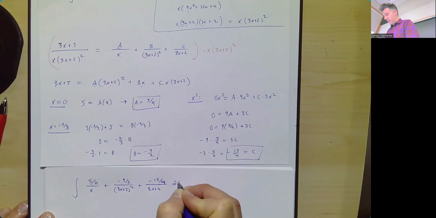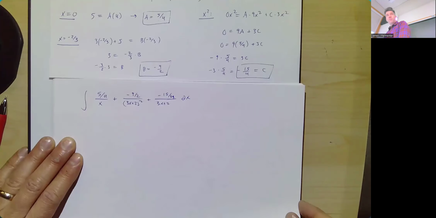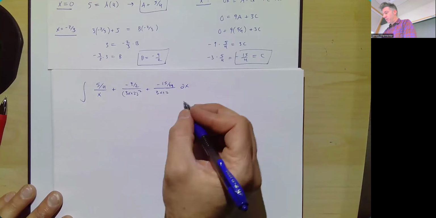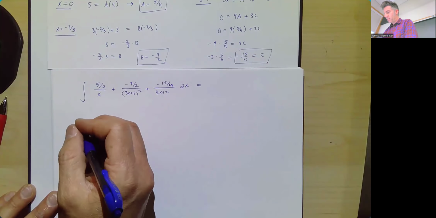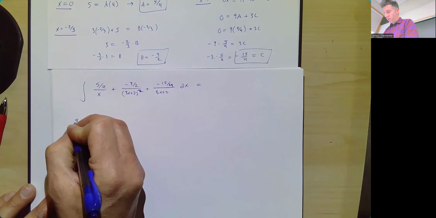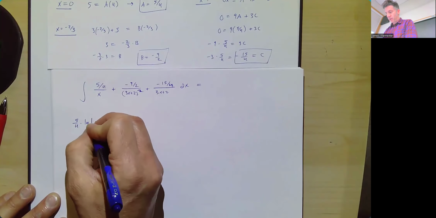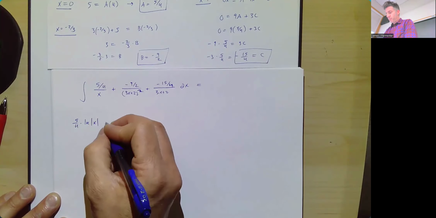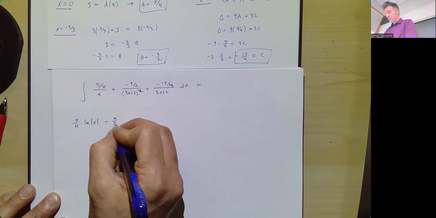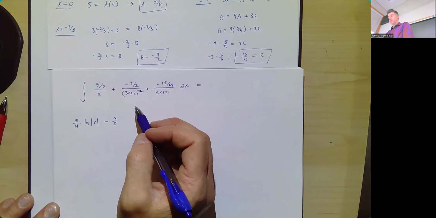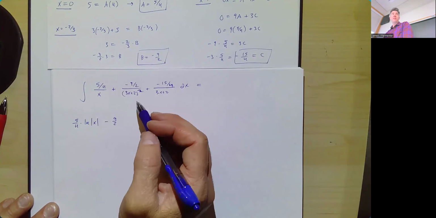But honestly, when I do my integral here, I'm kind of ignoring those constants. So I know that my answer here is going to be 5/4 times the integral of 1 over x, which is the natural log of the absolute value of x, minus 9/2 times the integral of 1 over 3x plus 2 squared, or 3x plus 2 to the negative second.